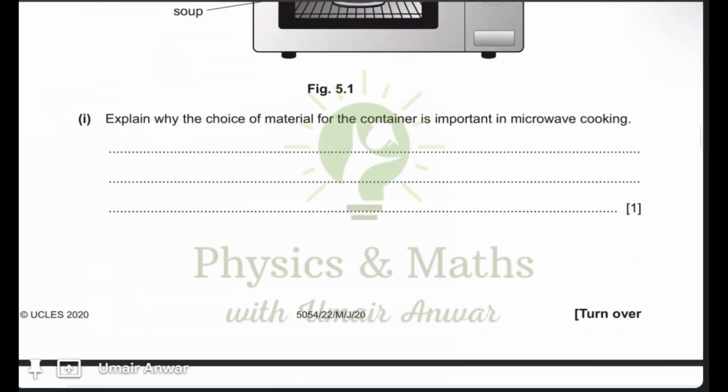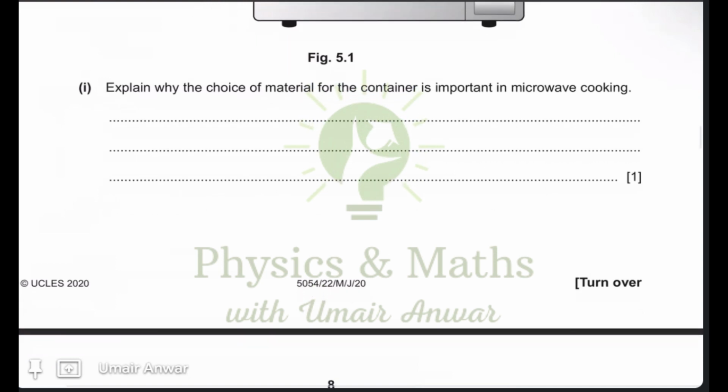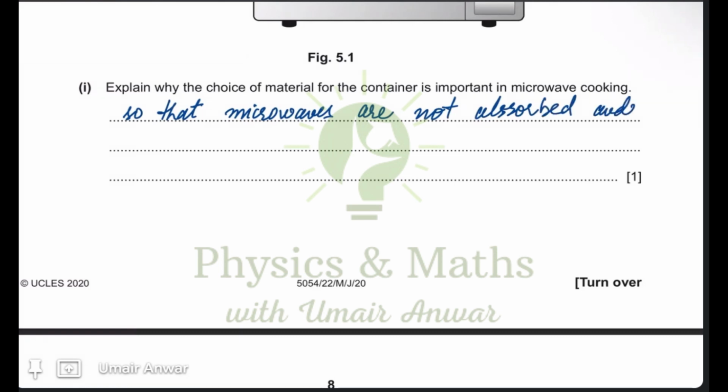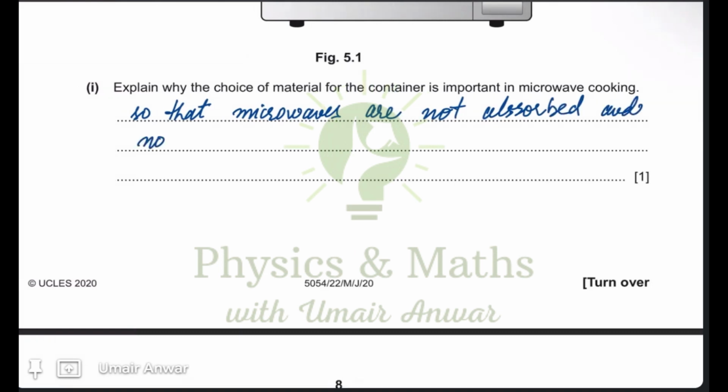Explain why the choice of material for the container is important in microwave cooking. So the choice of material is important so that microwaves are not absorbed and not reflected, and they should refract.